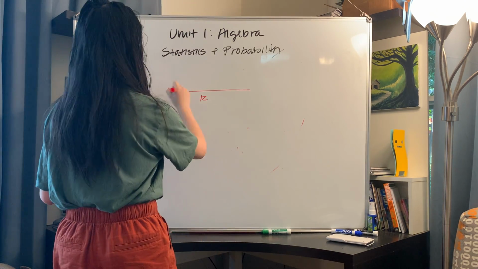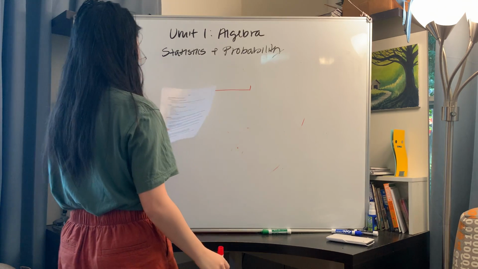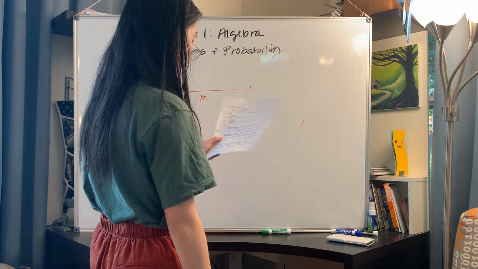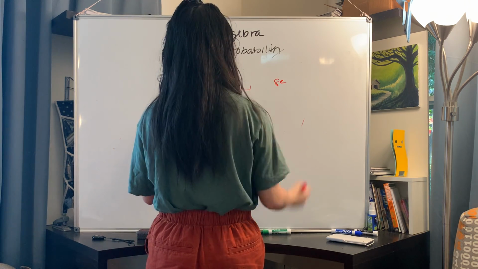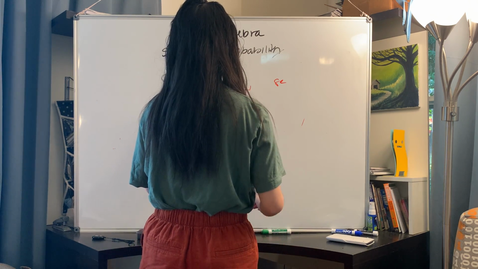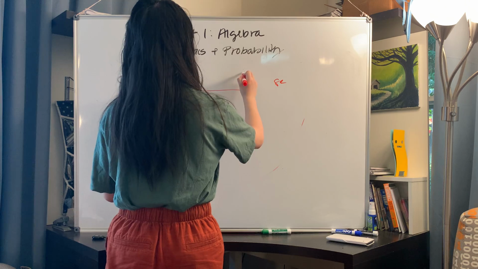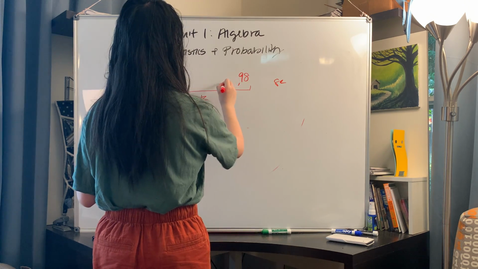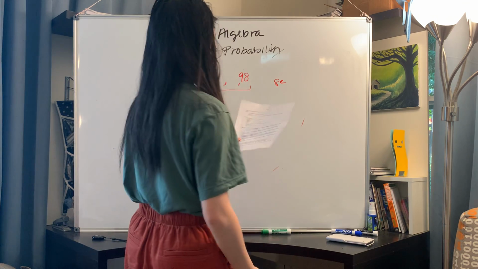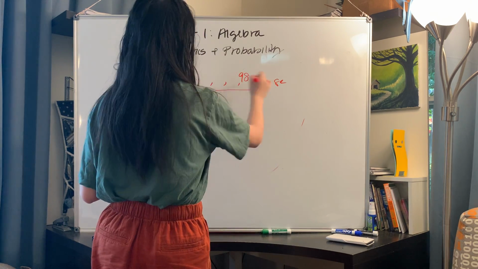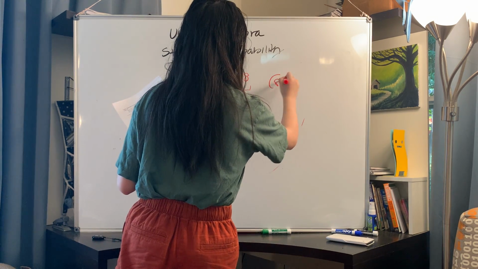I'll just draw a line to represent them. The arithmetic mean of those 12 scores is 82. But we know for sure that the highest score is 98. So imagine there's a bunch of numbers here. We don't know what they are, but we know the highest one is 98. And we know that they all add up to be 82 times 12.